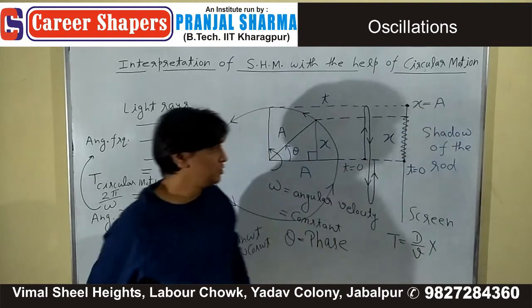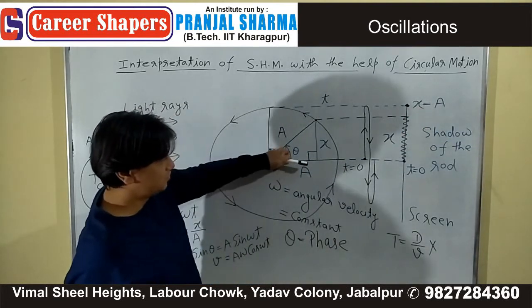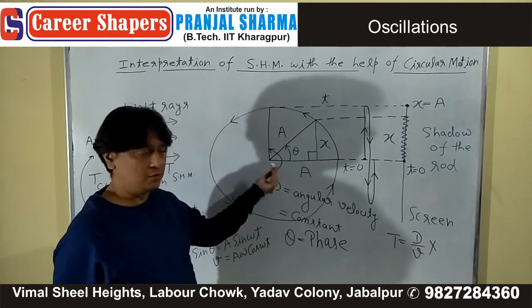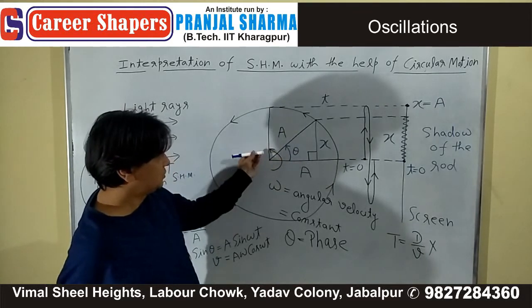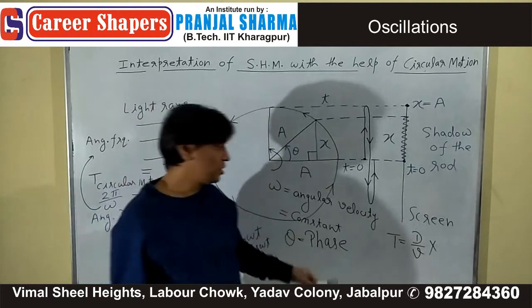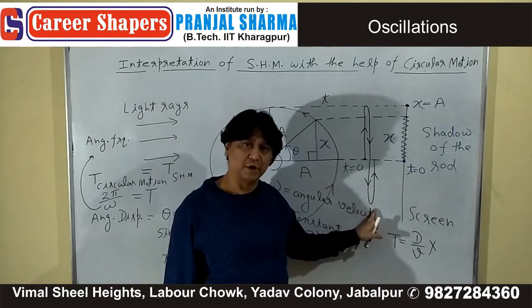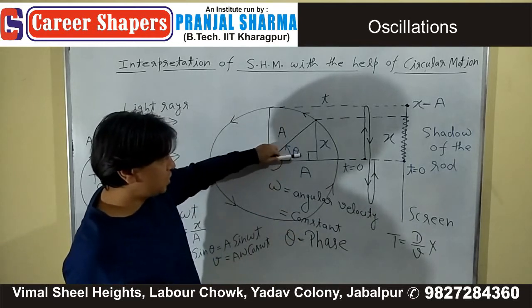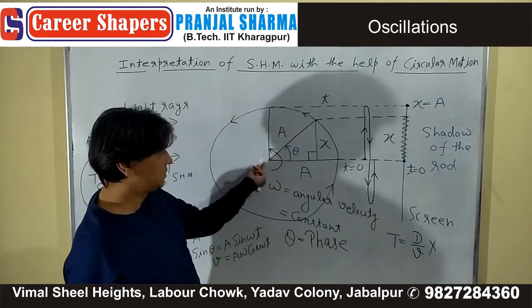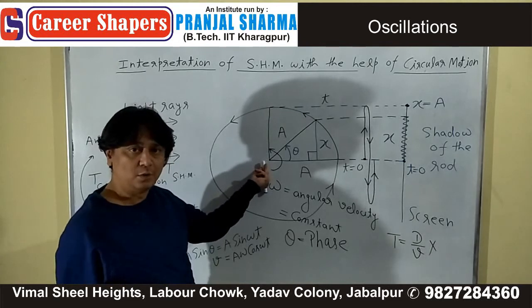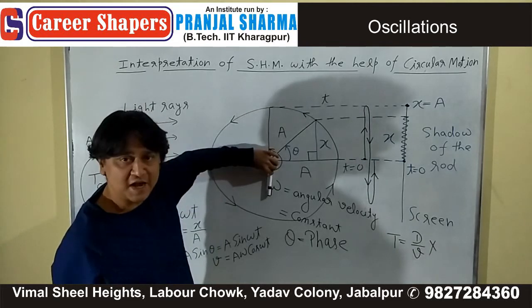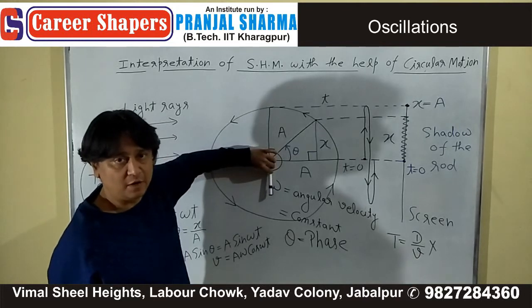And similarly, when you say that phase is 3 pi by 2, then your object is at negative amplitude. You can call it 270, that is 3 pi by 2, or you can simply say minus 90 or minus pi by 2.